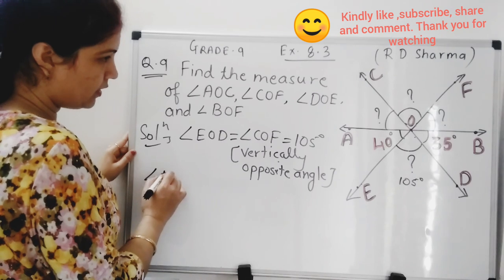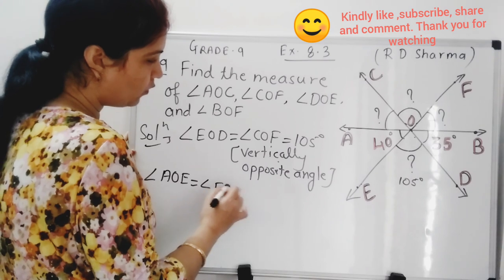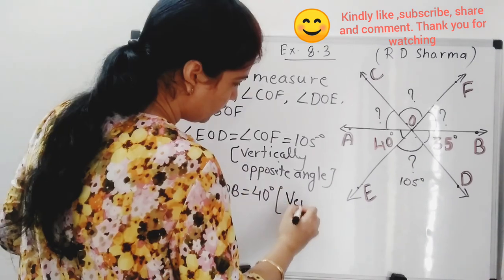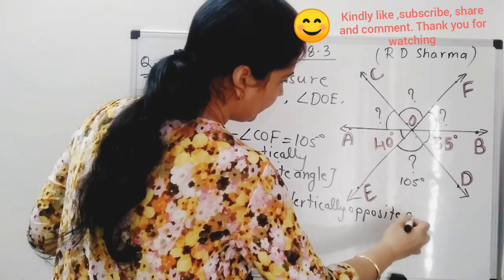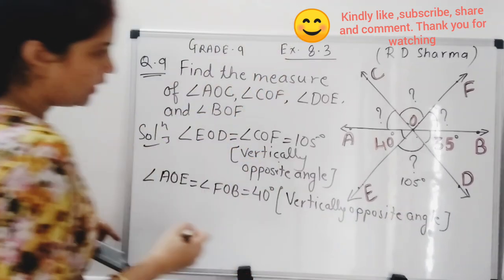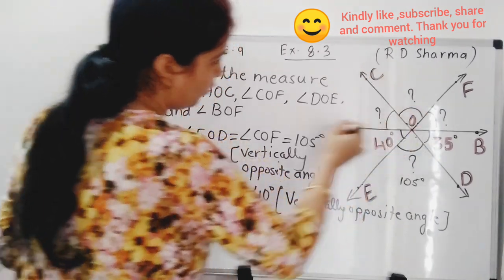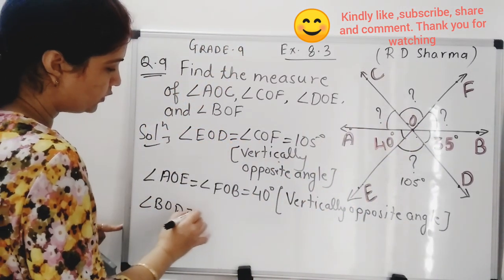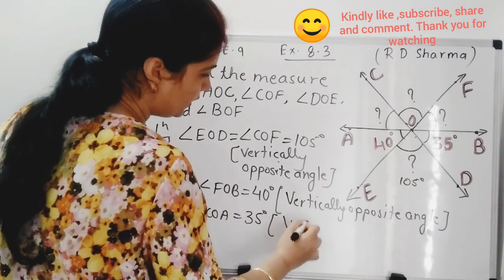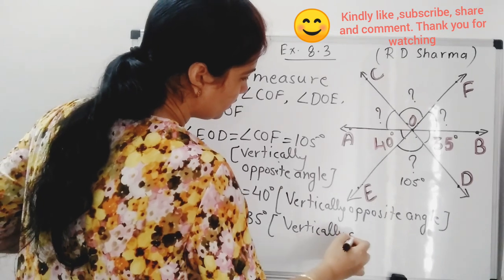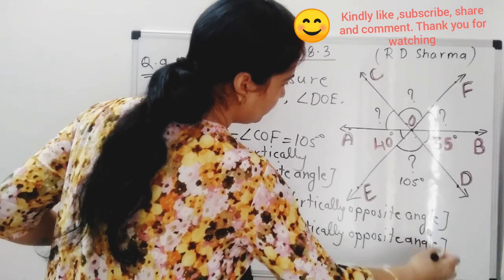So angle AOE equals angle FOB equals 40 degrees, vertically opposite angles. Now again, which is left? This one. Angle BOD equals angle COA, which is equal to 35 degrees. Same, vertically opposite angles.